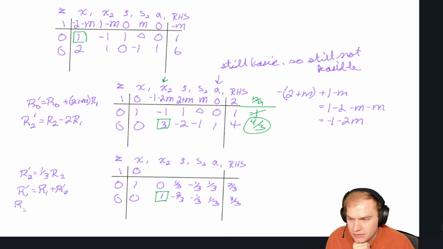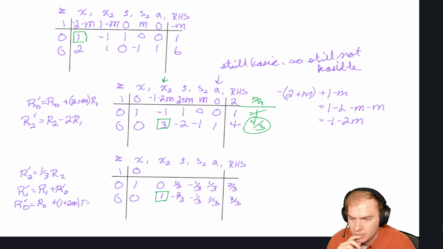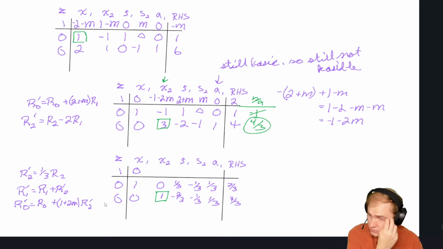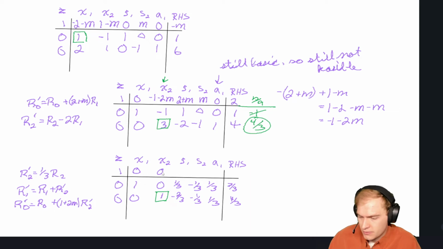And then finally, row 0 prime is row 0 plus 1 plus 2m times row 2 prime. Which should give us 0 there.